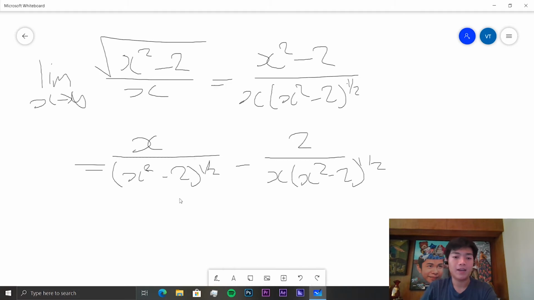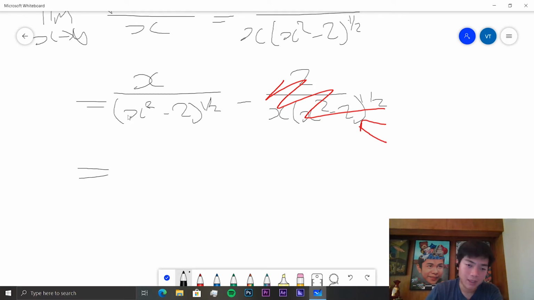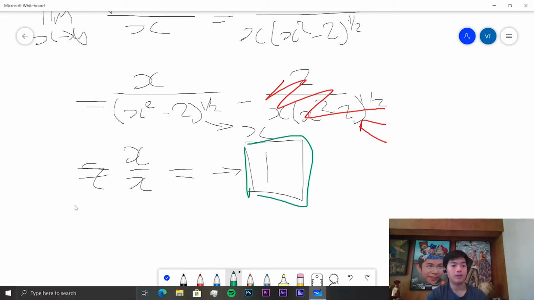Well, we already established that this term is irrelevant. This will tend to 0. So we simply have to evaluate this limit over here. As x tends to infinity, (x squared minus 2) to the 1/2 will tend to x, since 2 becomes increasingly less relevant. So therefore we have the limit of x over x, which should tend to 1. So yeah, this limit tends to 1.